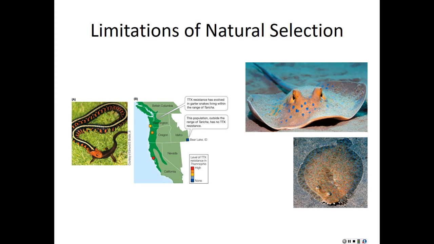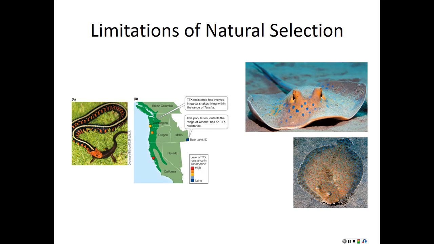And then also, adaptations are often compromises. So, looking at this example here, we have this little newt who's not doing so well in this picture, but this newt is really cool.